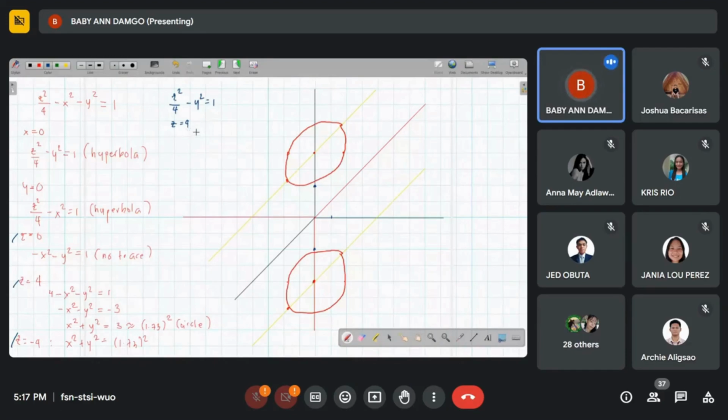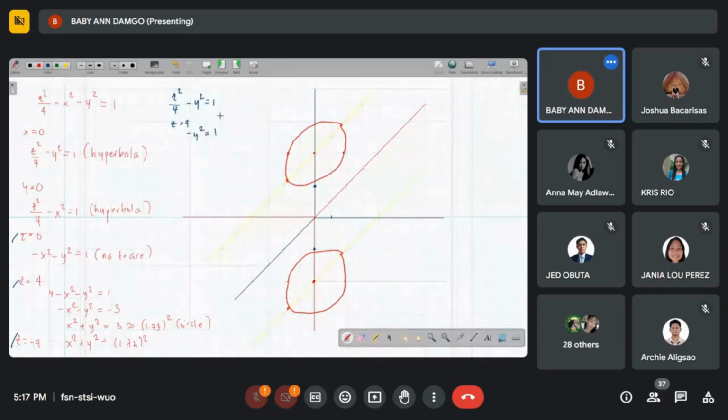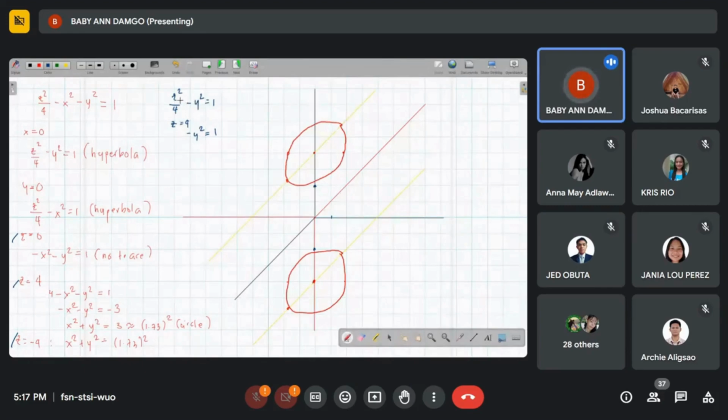So negative y squared is equal to 1 minus 4, so y squared is equal to positive 3.